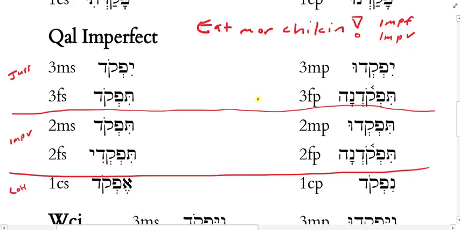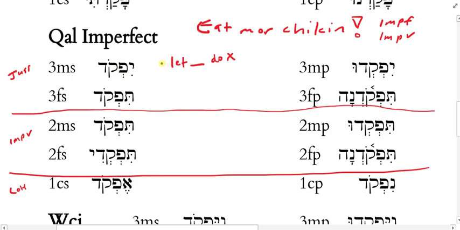All right? Now, how do we form the jussive, which we're going to translate as let someone do X, right? In this case, let him, if it's 3MS, let him visit or appoint. How would I tweak the form of the imperfect to make it jussive?